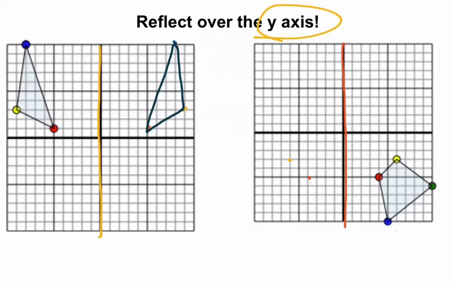So I'm going to move it 10 away over here. And then the blue is 5 away. So I'm going to move it 5 away. And then I'm going to make sure to connect my lines. So then I have a reflection. That line's a little crooked. There we go. A reflection of this shape over the y-axis.